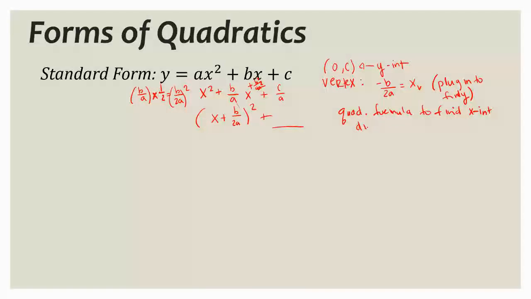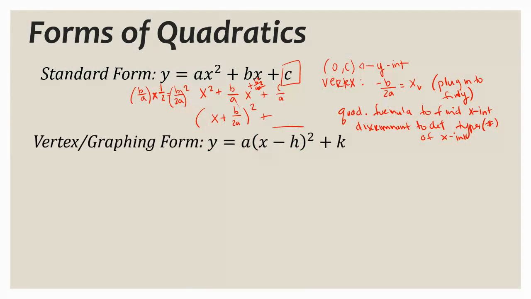I can use the discriminant to determine the type or number of x-intercepts. That's the stuff I can do when I have this. I can just plug in any value. But it is really nice that it gives us the y-intercept right here.